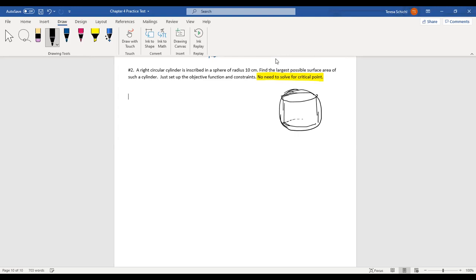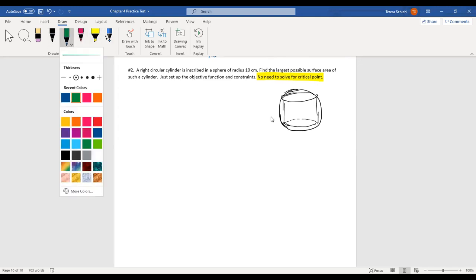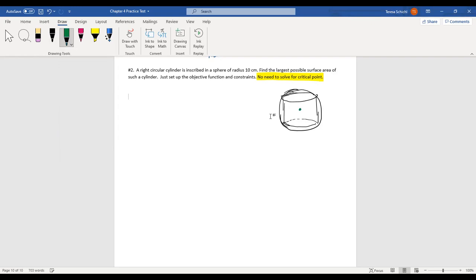I think you can probably see that. Here is the center of the sphere. I hope you can visualize a sphere with a cylinder inscribed inside of it.